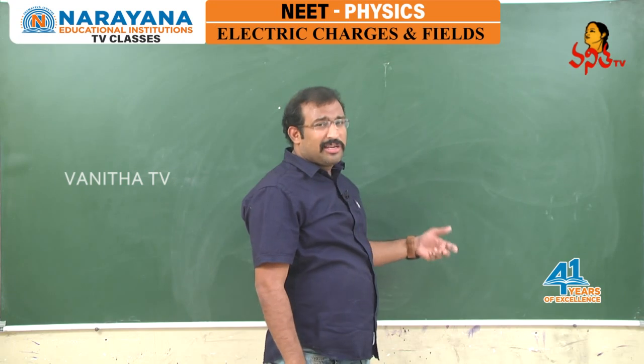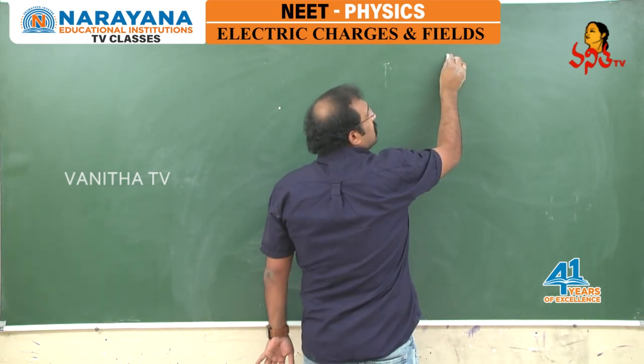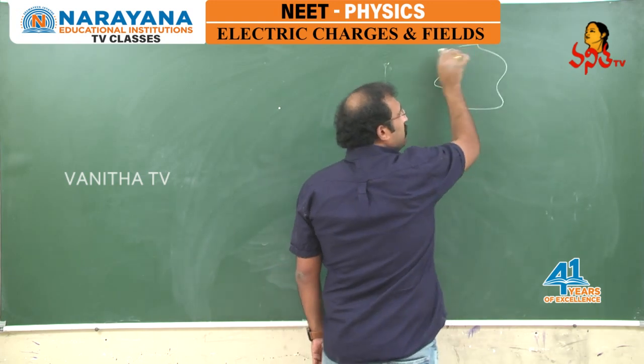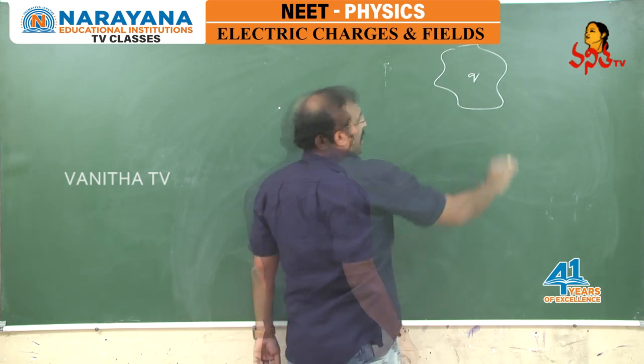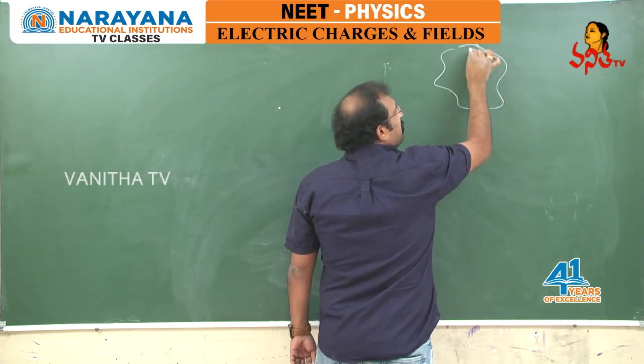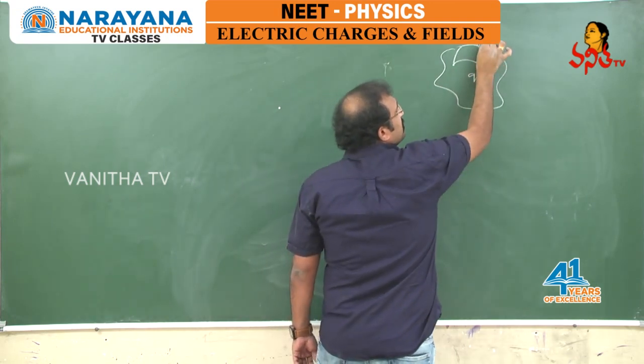What is the total flux through a closed surface? Let us see it like this. Suppose I have taken some closed surface. This surface is enclosing some charge q, and consider a small surface element upon this surface, which is dS.